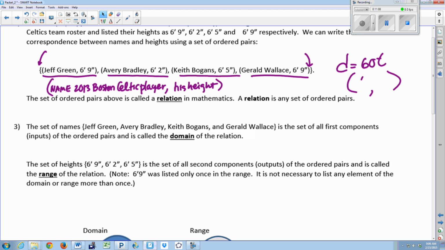T and D. So you just have to recognize that x and y is what we standardly call the coordinates for any graphical relationship. But that relationship can be defined by other variables. So that's why we say here the first component of the input, because we don't always have equations that are just in terms of x and y. But that's typically what we call the x values here.